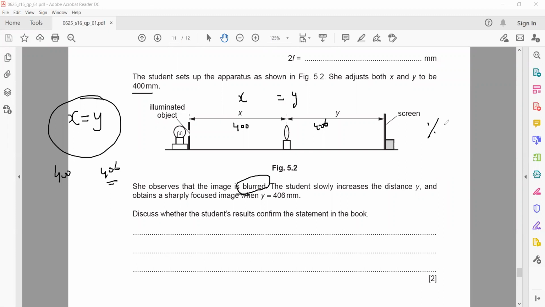When you calculate a percentage difference, that is maximum value 406 minus minimum value 400, divided by the mean, times 100. What is the answer for percentage difference? It is 1.5%.